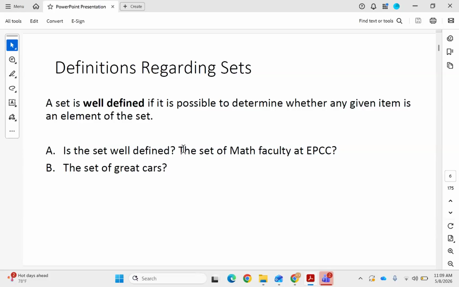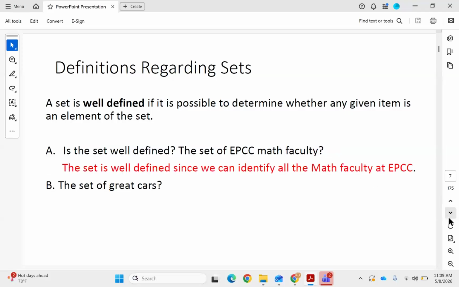This is something you could go and track. There's probably a list on the website, and you'll be able to identify who is a faculty and who is not. So this is a well-defined set because if you give me the name of a person, you can decide if they are a faculty member or not.